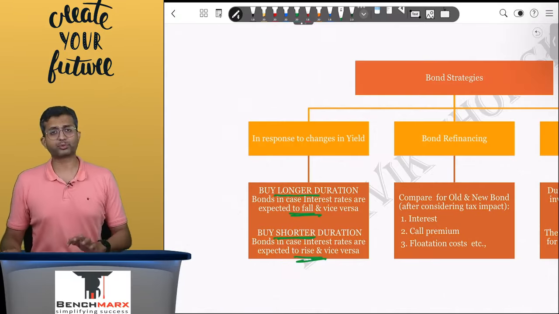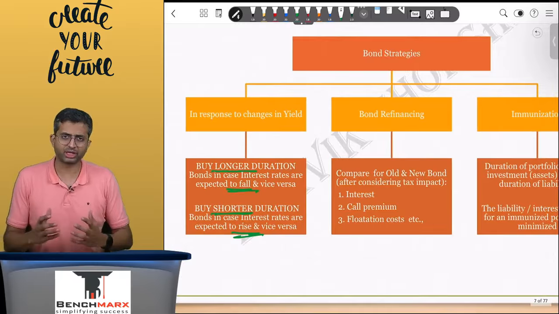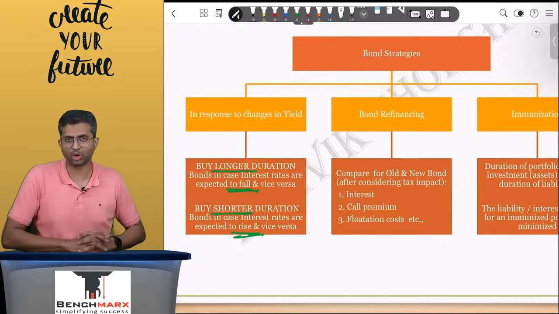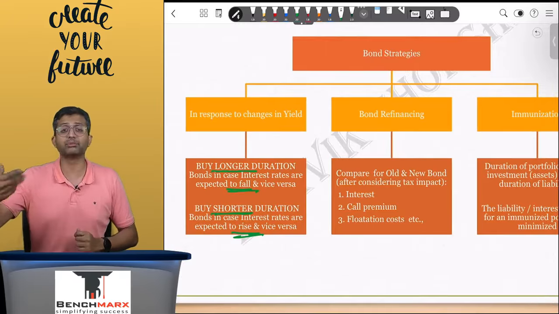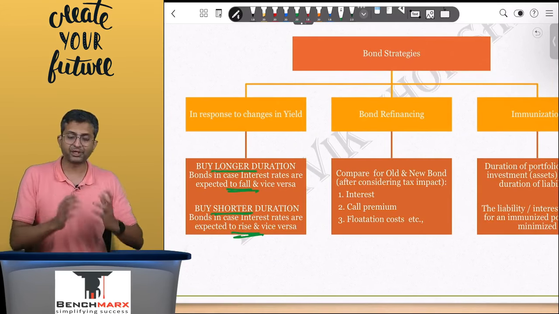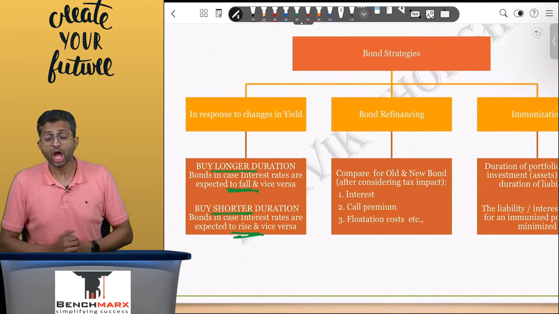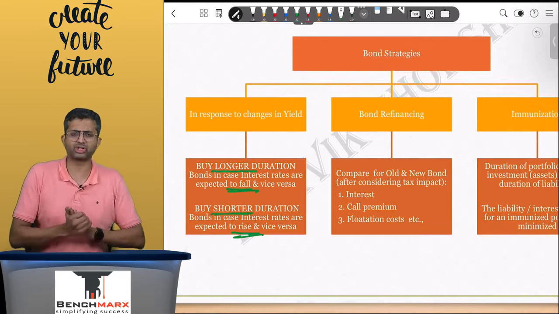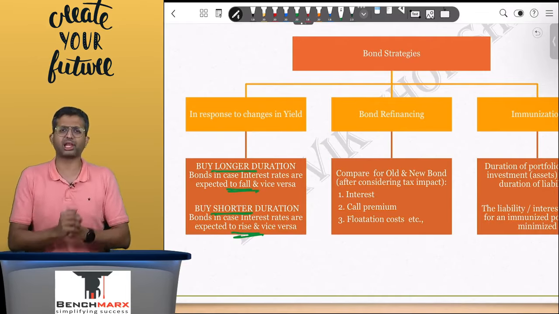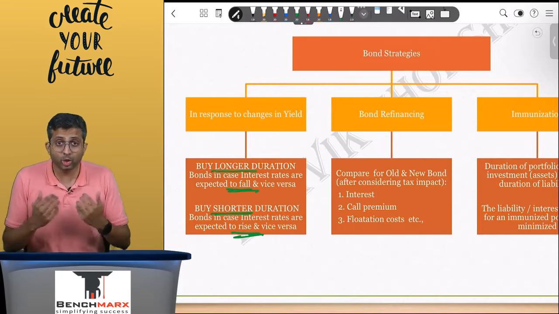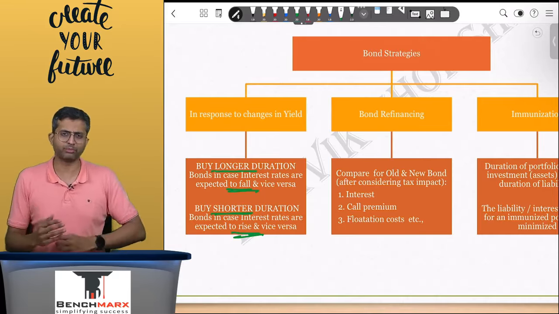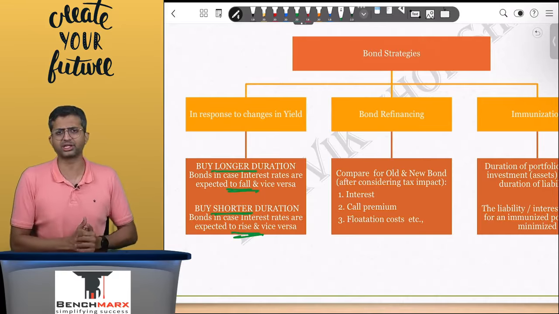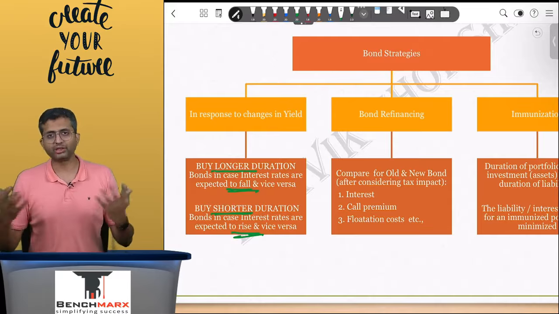Another popular type of question which Institute loves asking is a bond refinancing question, where there is an existing bond and we are contemplating making a new bond issue and figuring out whether it is advantageous or not. For this, you will have to do an analysis very similar to capital budgeting or NPV type of analysis, where you will have to look at the cash flows that you will generate from the existing bond, let's say at the existing rate, versus the new bond at the new rate.